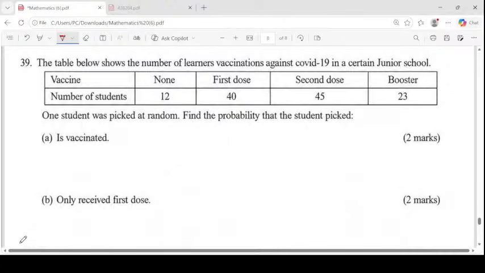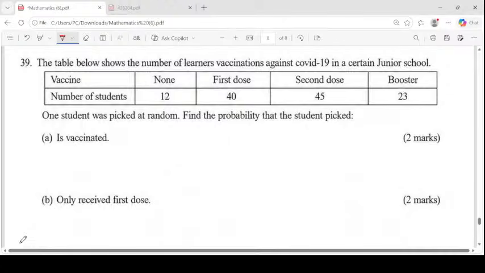We have 12 students who did not receive the first vaccine. Then 40 students received the first dose, 45 students received the second dose, and 23 students received the booster.